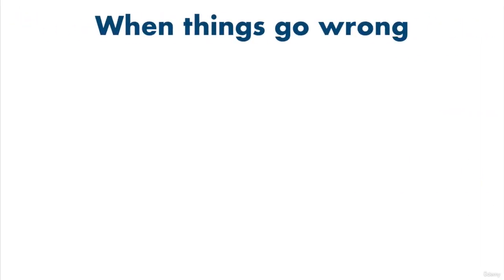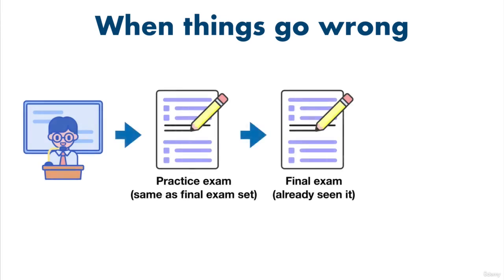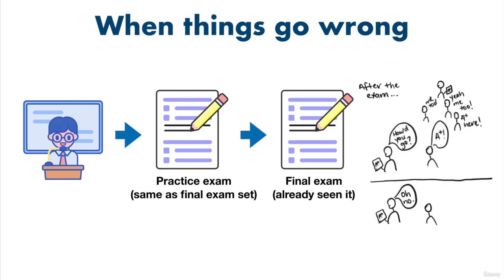Now, where might this go wrong? Well, if your professor accidentally sent out the final exam for everyone to practice on, when it came time to the actual exam, everyone would have already seen it. Since people know what they should be expecting, they go through the exam, they answer all the questions with ease, and everyone ends up getting top marks.